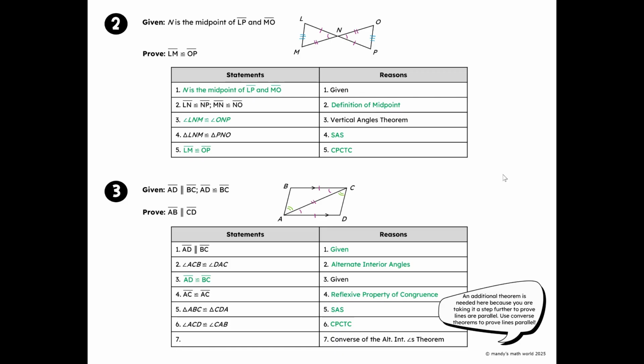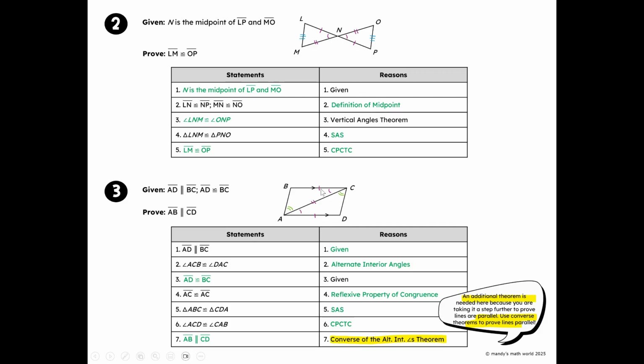However, most proofs that you're going to see regarding this will have it as your last reason, just because this last little step is pretty difficult. So because these two angles are congruent, we know that those are alternate interior angles. So we could then conclude that these two segments are also parallel, right?